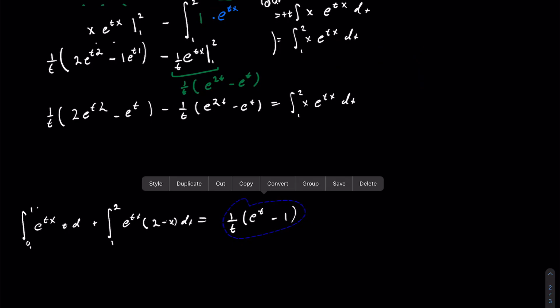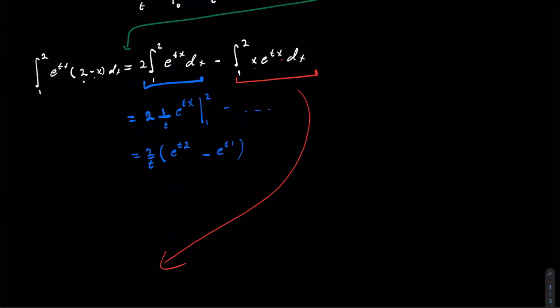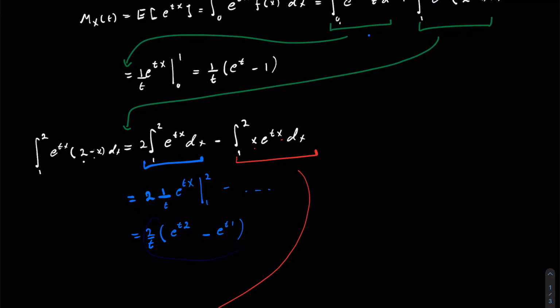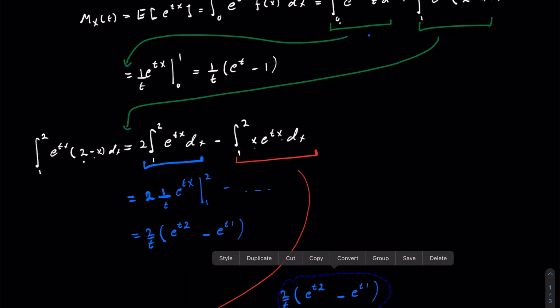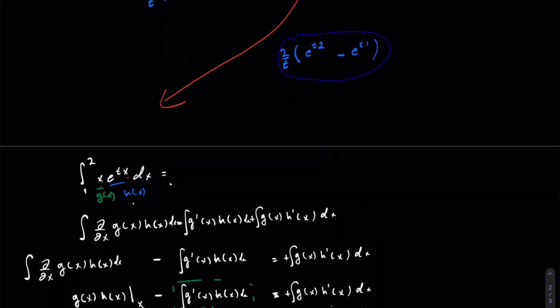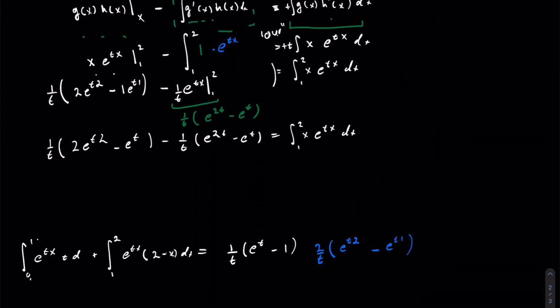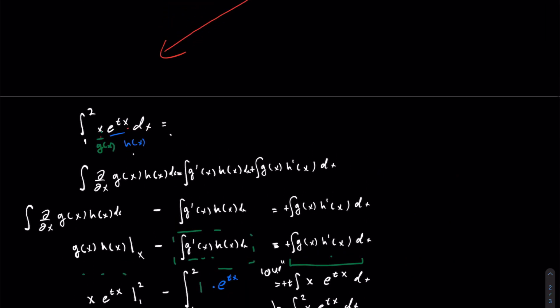Right, and then we have, so that was that piece. We have this piece here, duplicate. We have a minus sign here, right? We're going to have to bring that along. So here we have a plus, and then we have a minus, right?